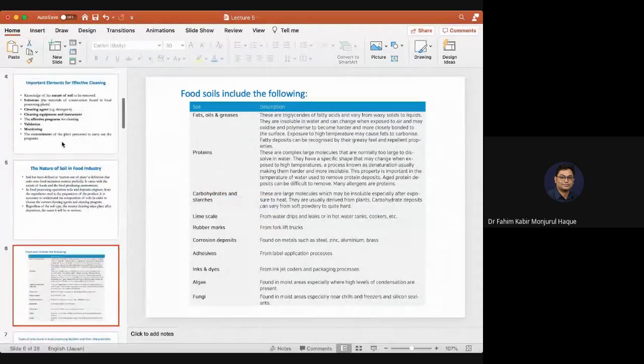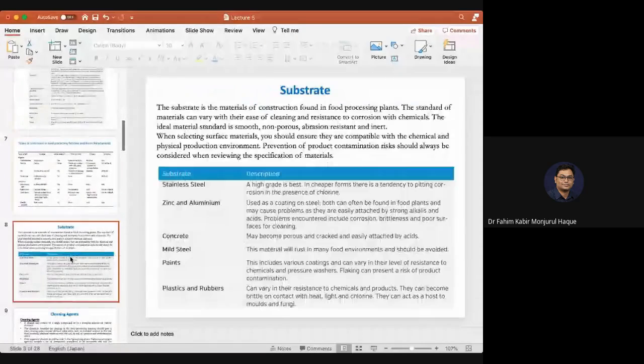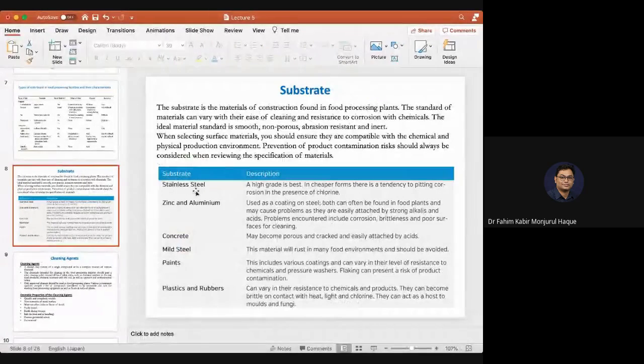Okay, so after you get a proper idea about the nature of soil, then the substrate. Substrate means the materials which your plant is made of, like the floor, wall, working benches, that means the tables, furniture, etc. So from this slide, you will get an idea about those things. You don't have to just memorize all these things.